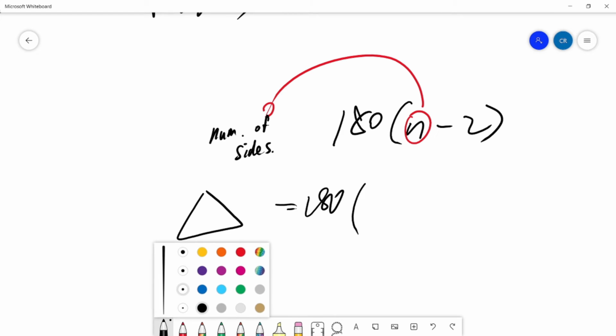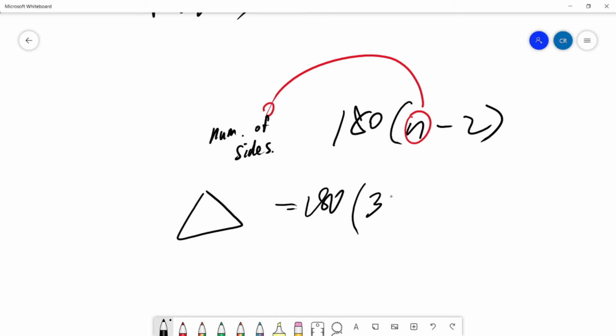So we'll just replace n with 3 because this is a 3-sided polygon, minus 2, that's 1, and that equals 180. So all these equal up to 180.